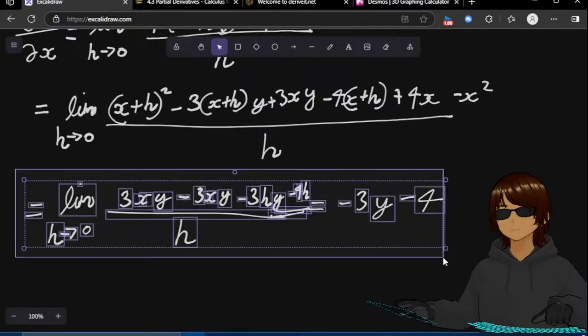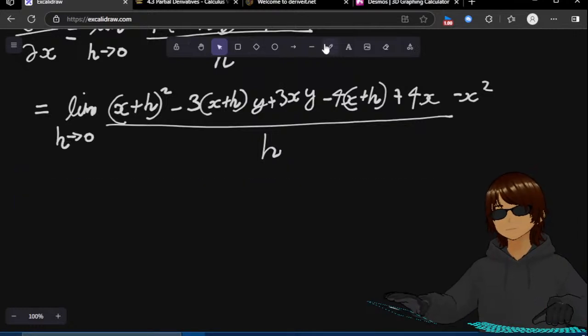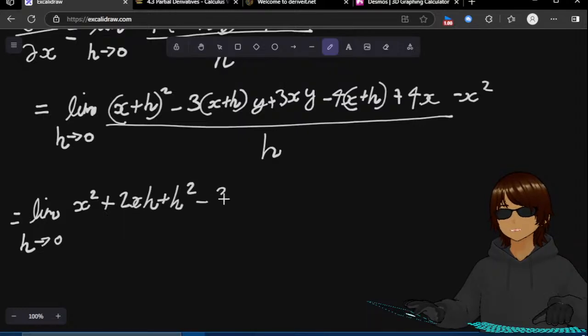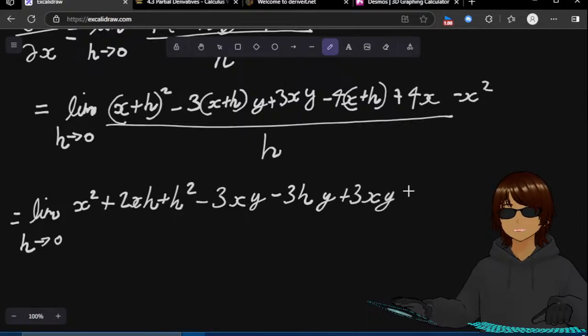Let me just clear this up. So x squared plus 2xh plus h squared, 3xy minus 3hy plus 3xy minus 4x minus 4h plus 4x. Yeah.